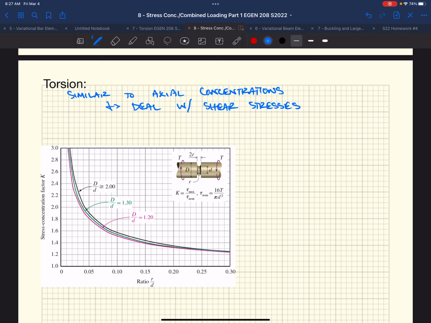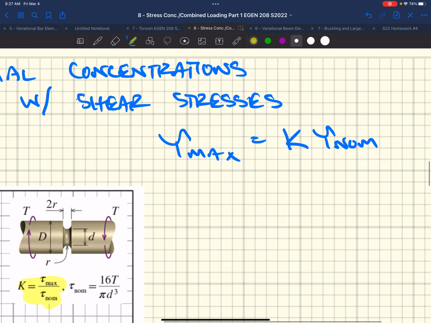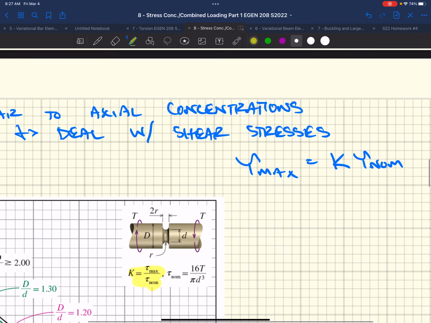And in this case, we have tau max equals K times tau nominal, right? If we looked at that equation right there, if we took tau nominal, we moved it to the left-hand side of that equation, we would end up with, right, tau max equals K times tau nominal.